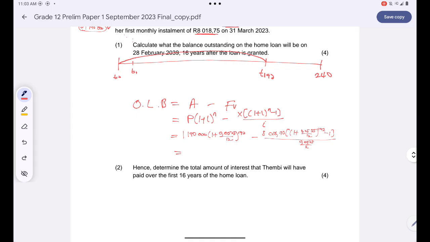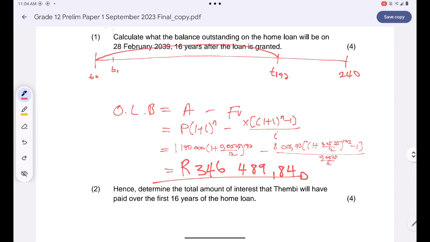So the amount which is outstanding is basically 346,489 rand 84 cents. This is the outstanding amount of money after Tembi has paid for 16 years. She still owes the bank 346,489 rands, 84 cents.